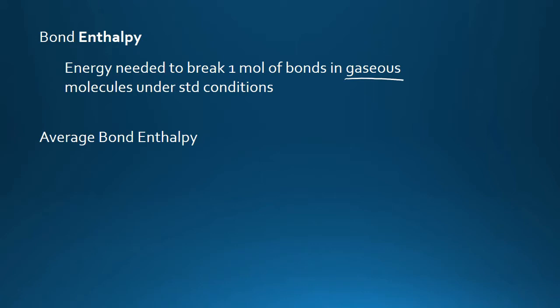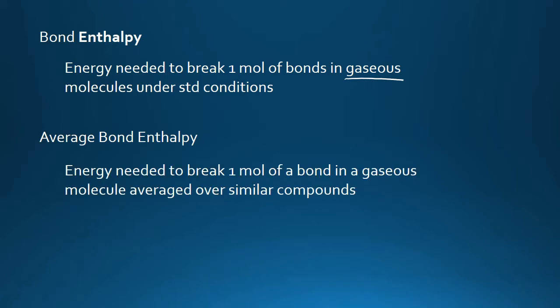Average bond enthalpy is the energy needed to break 1 mole of a bond in a gaseous molecule averaged over similar compounds. So if you have, as an example, H-O-H, you have a bond of O and H there, but you could also have CH3 and then an OH for methanol.